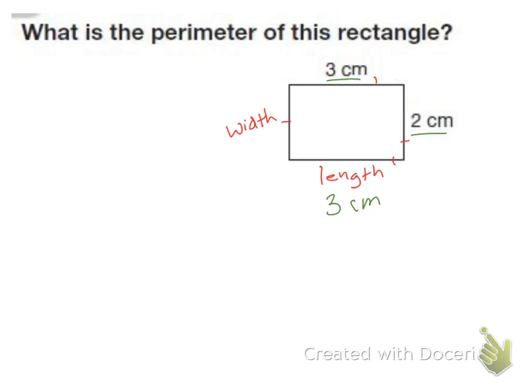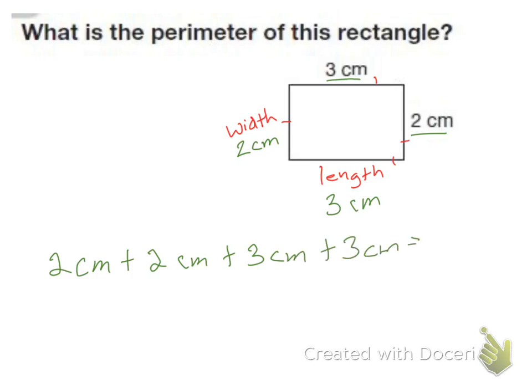If the right side is 2 centimeters, that means the left side is also 2 centimeters. So to find the perimeter, I'm going to do 2 centimeters plus 2 centimeters plus 3 centimeters plus 3 centimeters. Okay, so 2 plus 2 is 4, plus 3 is 7, plus 3 is 10. So my answer is 10 centimeters.